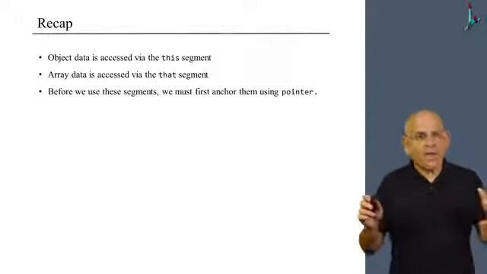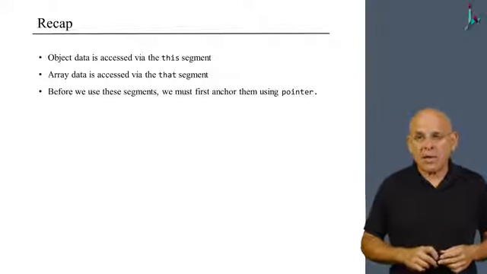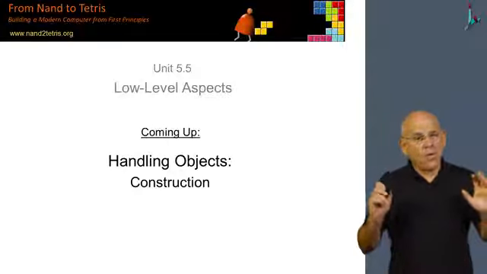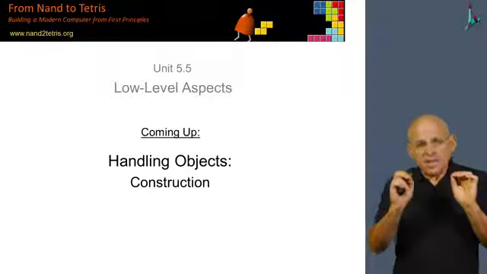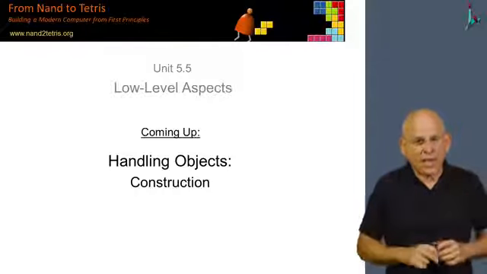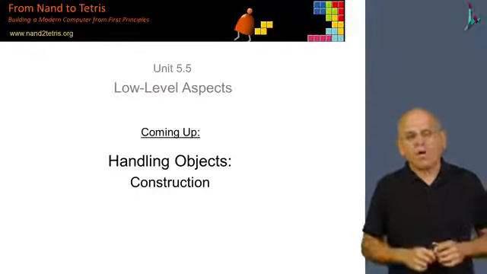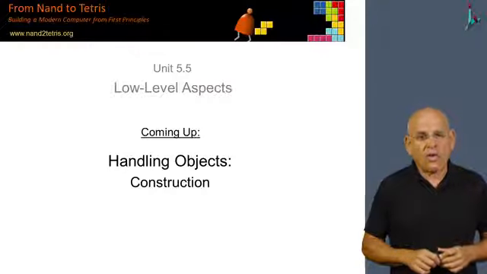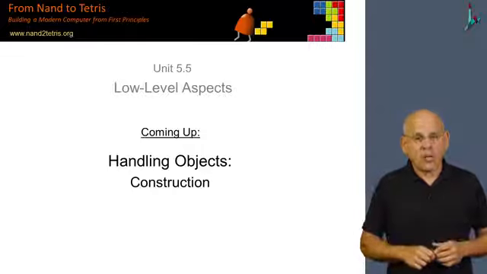But don't worry about the arrays because we'll deal with them later on in the course. So with that, I gave you some information about low-level data handling techniques using VM commands, and we now have what we need in order to go on and discuss how to write VM code that handles object construction.